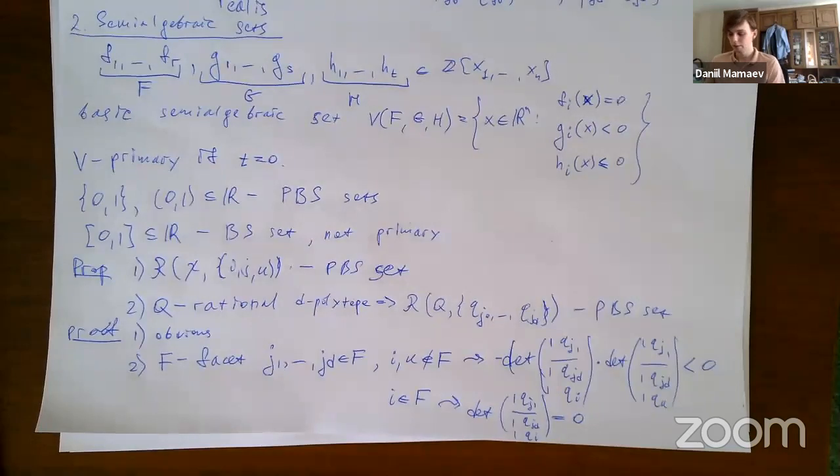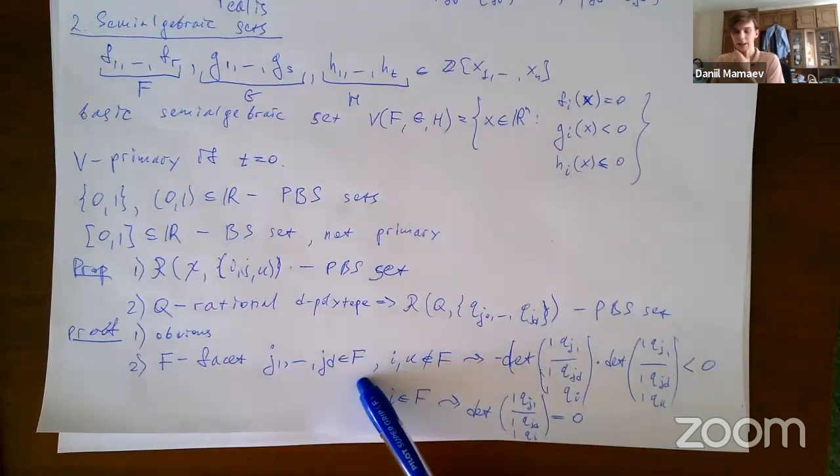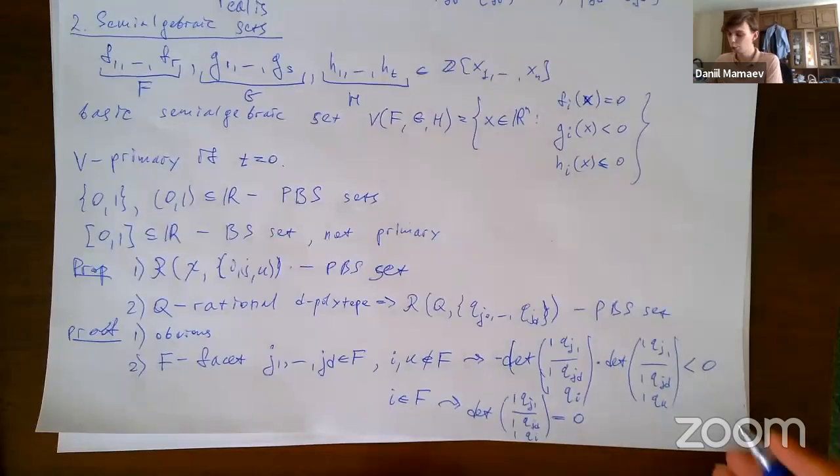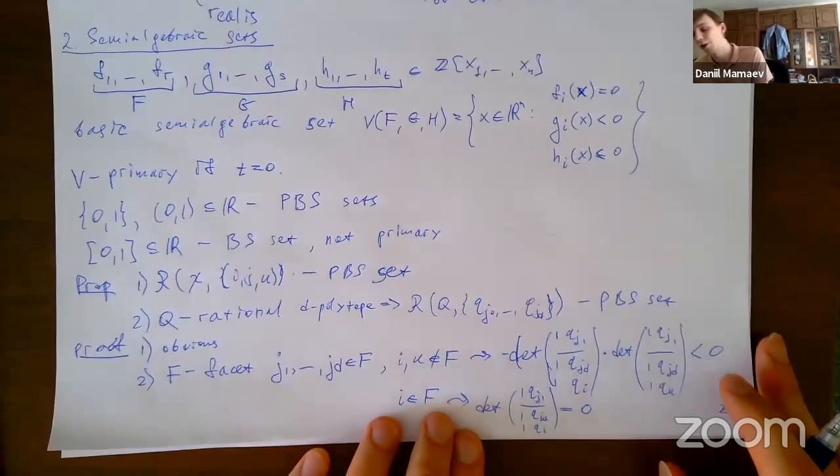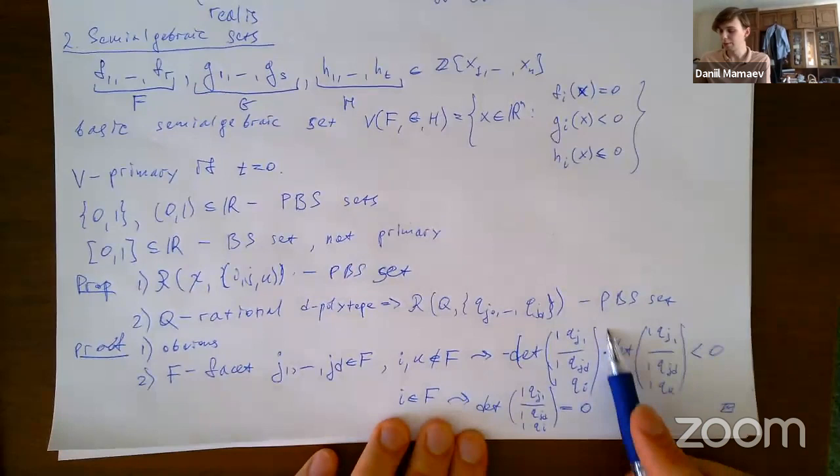So we have exactly said that our polytope, once we determine its facets, completely determines the face lattice of the polytope. So we've just proved that the realization space of a polytope is also a primary basic semi-algebraic set.